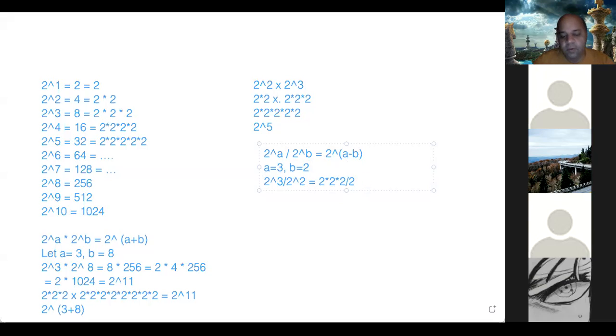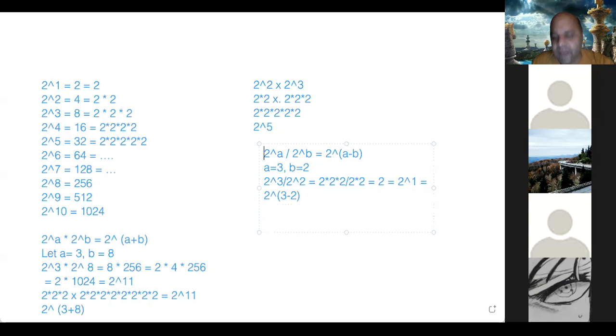Two of the 2s will cancel each other out. What will be left is just 2, which is equal to 2 raised to 1, which is equal to 2 raised to 3 minus 2. Everybody followed this?